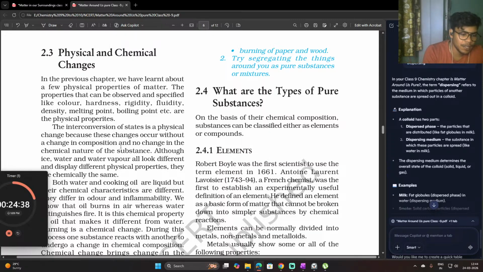So physical and chemical changes, we'll be quick about it.